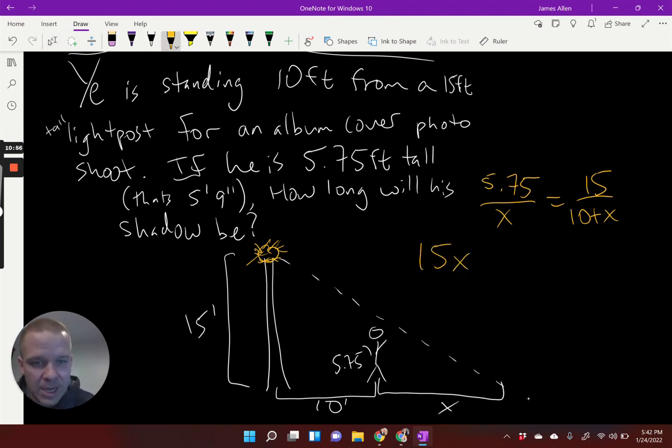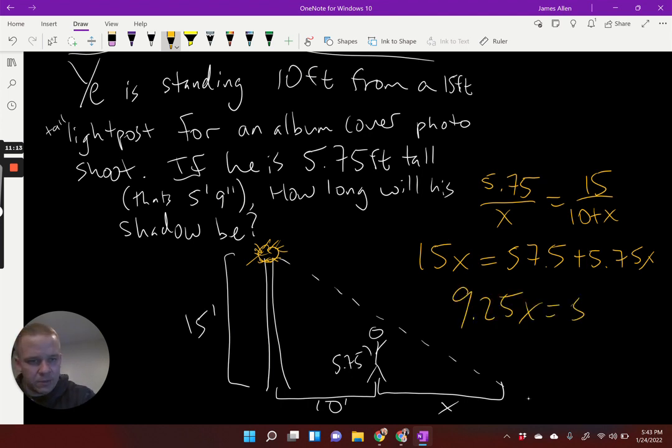So we get 15x equals 57.5 plus 5.75x. All right. And I don't want to make a mistake here. We're going to get out some calculations. So we're going to have 9.25x equals 57.5.